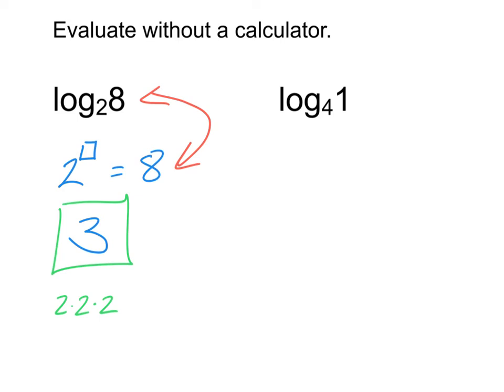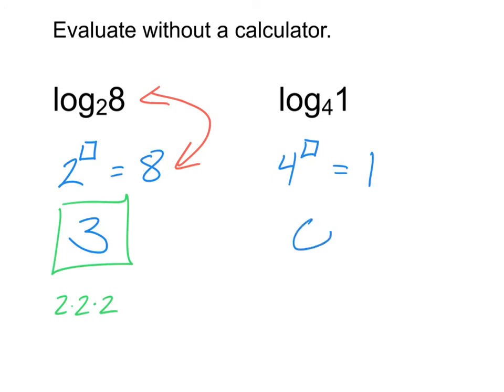And so then, on to our last one in this set of examples. We have log base 4 of 1. So what that really means is it's saying 4 to the power of what equals 1. And here you do have to remember one particular rule. Anything to the power of 0 equals 1.